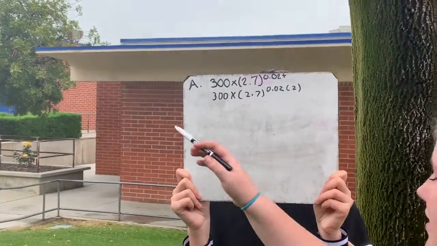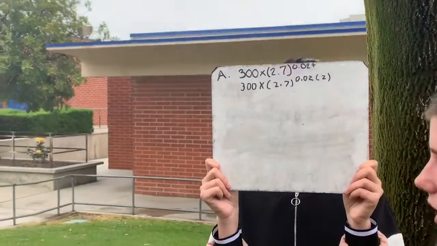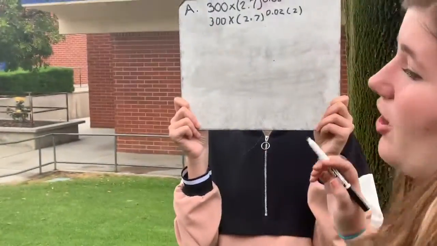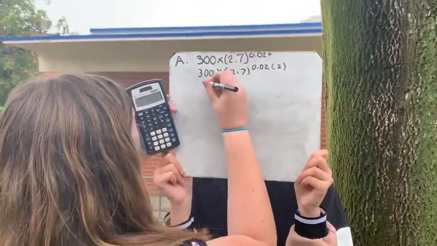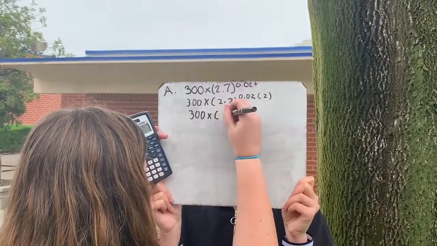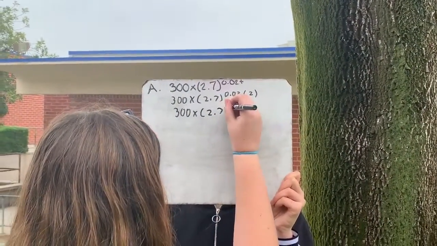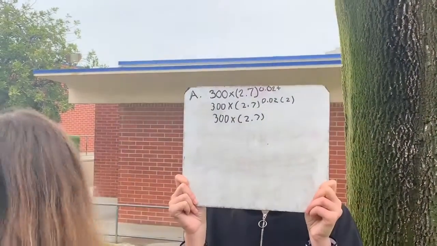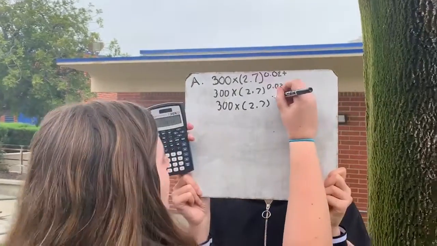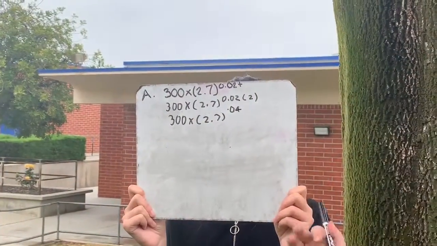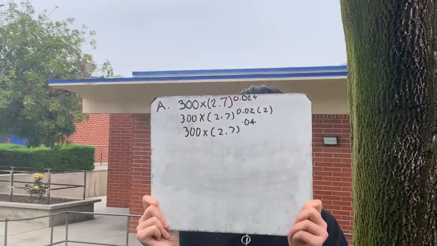So now that we have substituted T for 2, we have to do the 0.02 times 2 to get our exponent value. So it will be 300 times 2.7, and then 0.02 times 2 is 0.04. So it will be 2.7 to the 0.04. Okay, and now that we got our equation, you have to type it into your calculator.